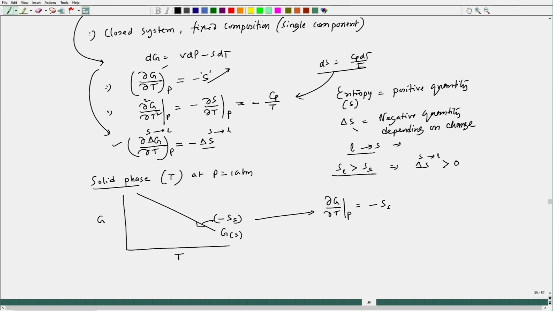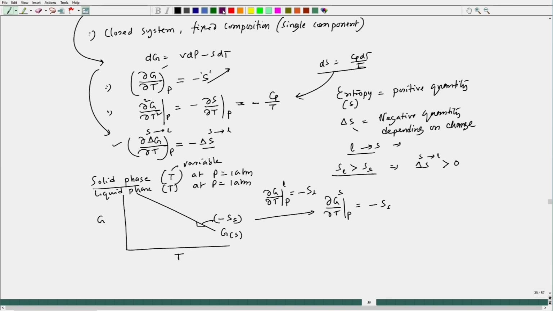Similarly, if I look at the liquid phase with temperature T as the variable at pressure equal to 1 atmosphere, then delta G delta T at constant pressure for liquid should be equal to minus SL, and SL has a higher value than SS.